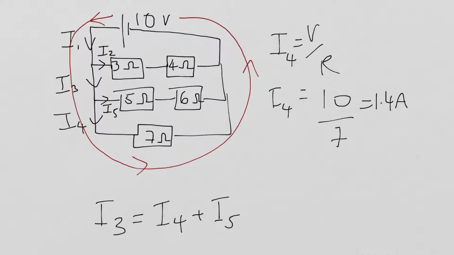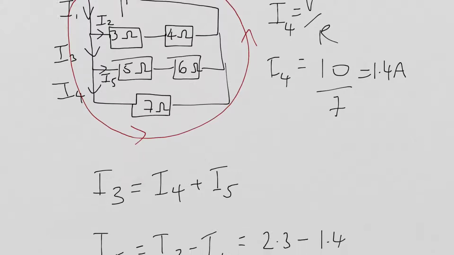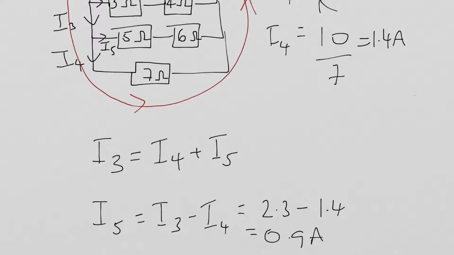We're now in a situation from the previous bit where we know I3, we now know I4, so we can calculate I5. Same rule as before, except this time I3 is coming in, leaving is I5 and I4. So I3 minus I4 gives us I5, which is 2.3 minus 1.4, so that's 0.9 amps.